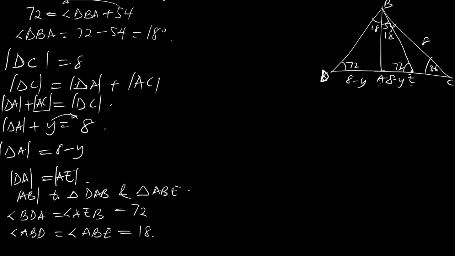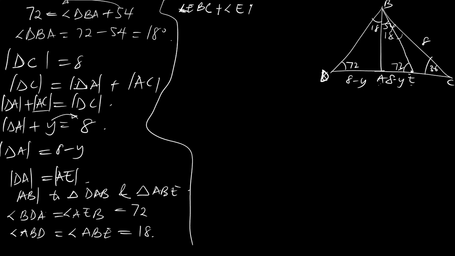Now let's look at this again. This is 18. So here now, let's look for that. Now we know that angle EBC plus angle EBA is equal to angle ABC.